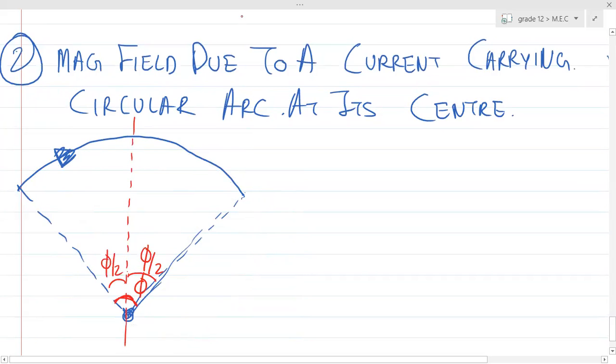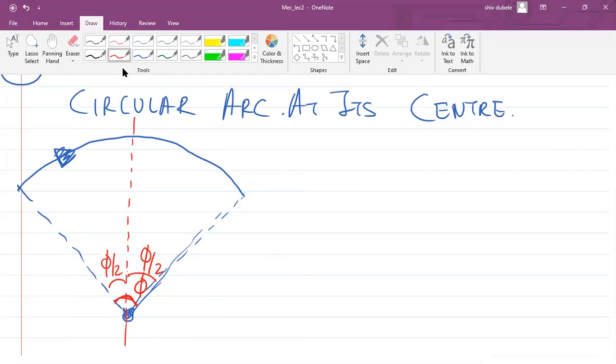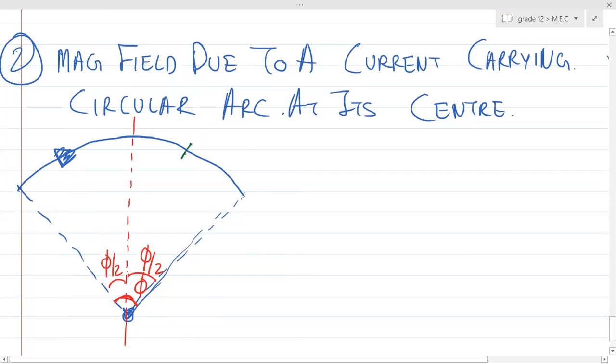Now, if I want to apply Biot-Savart's law, what will I do? I'll take a small component. Can you see the small component dl vector? Let us say this dl vector is taken at an angle.